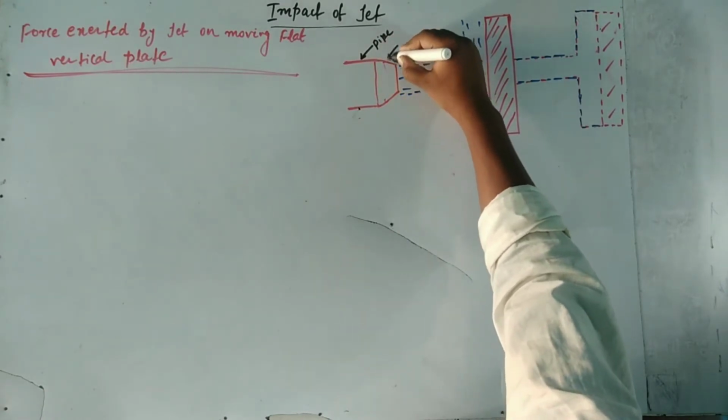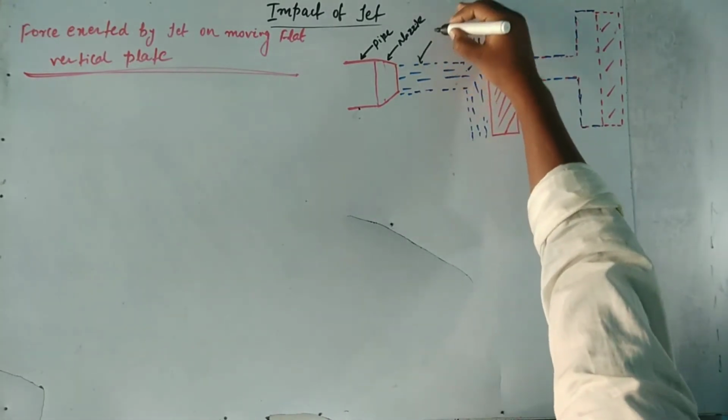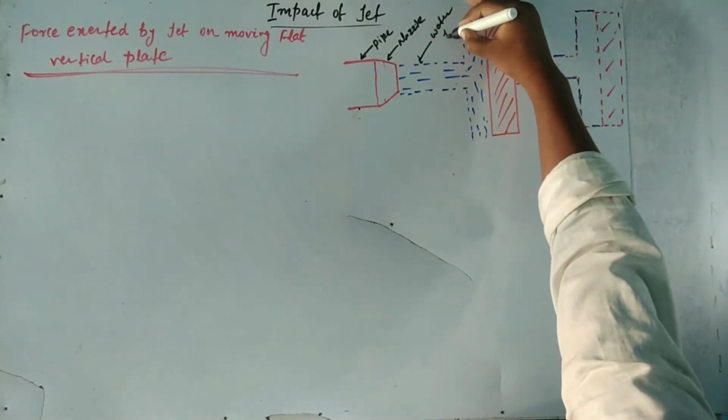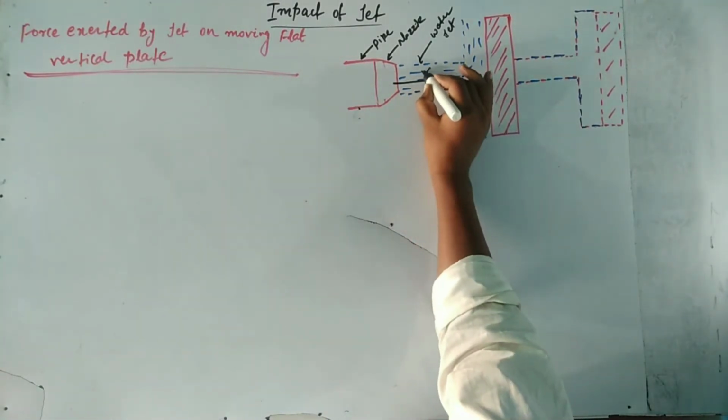So we draw a figure. This is a pipe, and a nozzle is fitted in the pipe, and from the nozzle a water jet is coming out with velocity v.